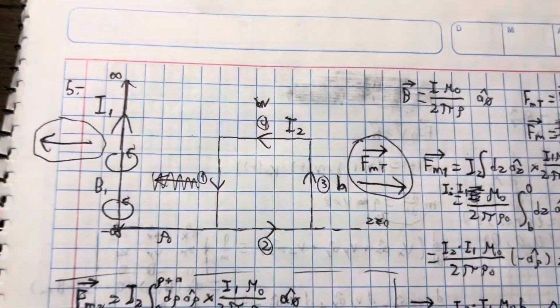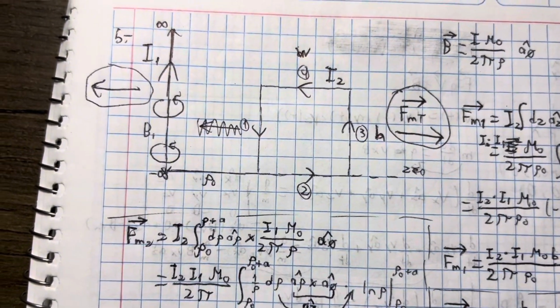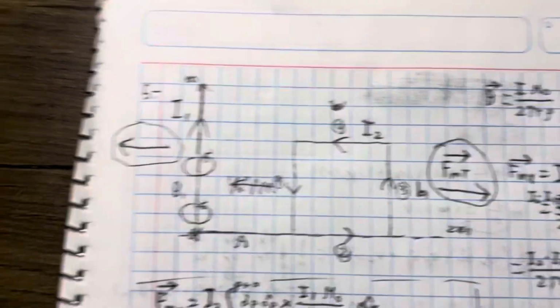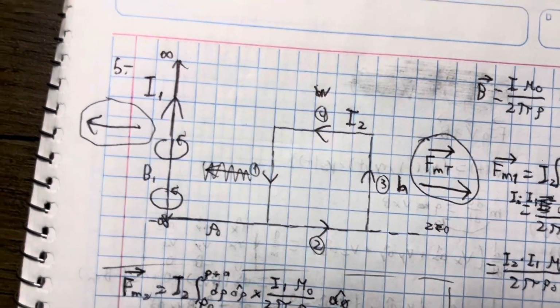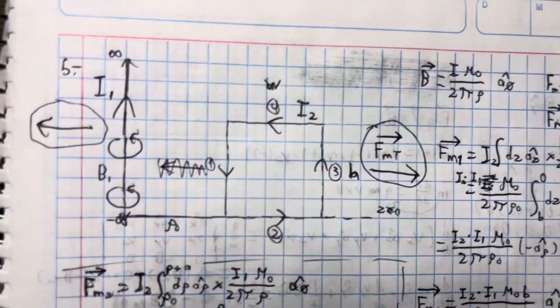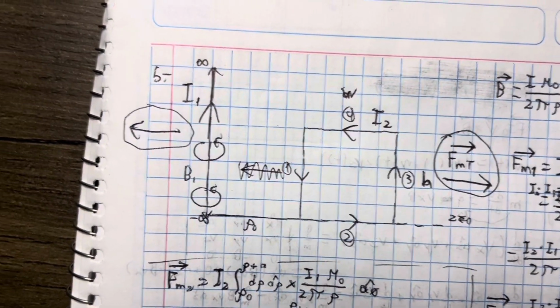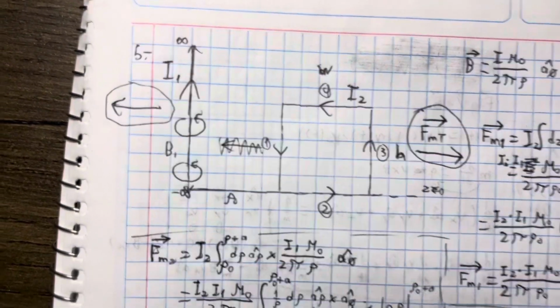So that's why this means it's repulsing. If it was, for example, the example we did in class, it was attracted because the final force was in the negative rho direction.